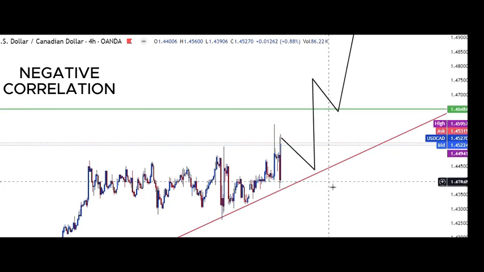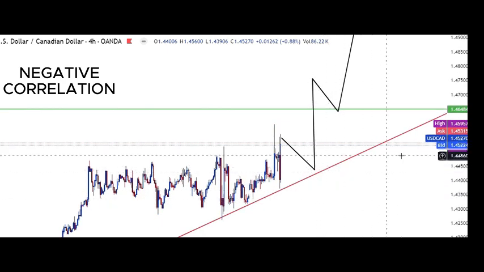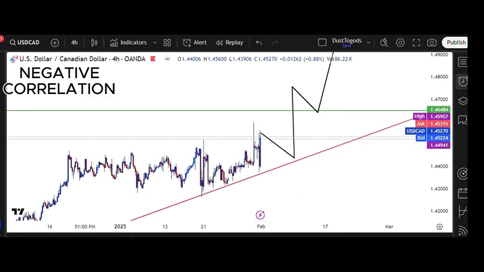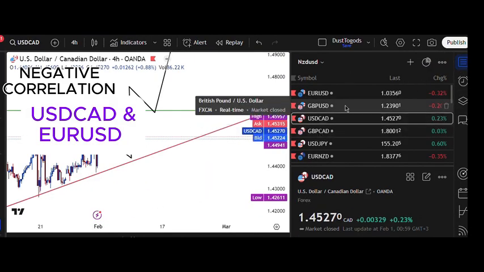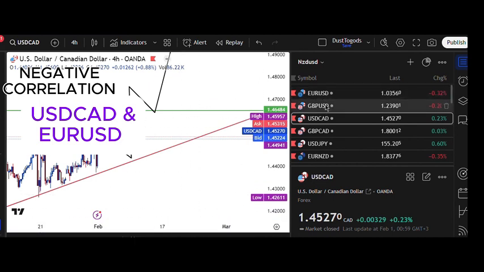We can see that EUR/USD and USD/CAD have a negative correlation. USD/CAD is bullish and EUR/USD is bearish.